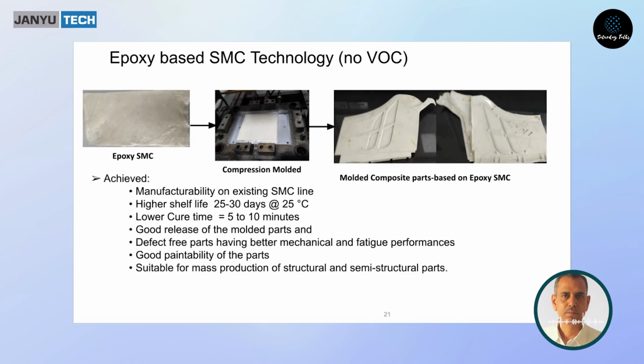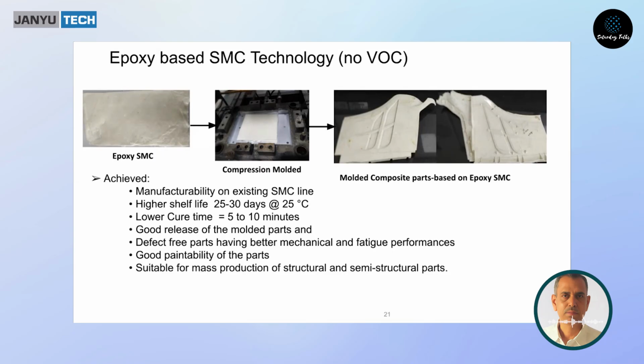So we have unsaturated polyester. So still now what I was discussing, that is styrene based or less styrene based or without styrene but with high cost, those systems we are working on.